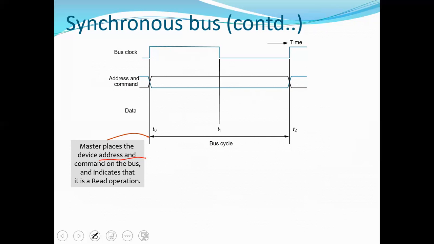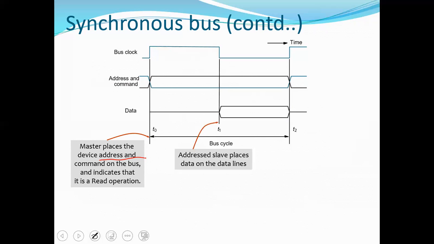By T1 the slave has recognized the address, and data starts to be put at T1. By the time the data starts to be put, the master will start reading the data, in this particular clock cycle itself, once the data is found.